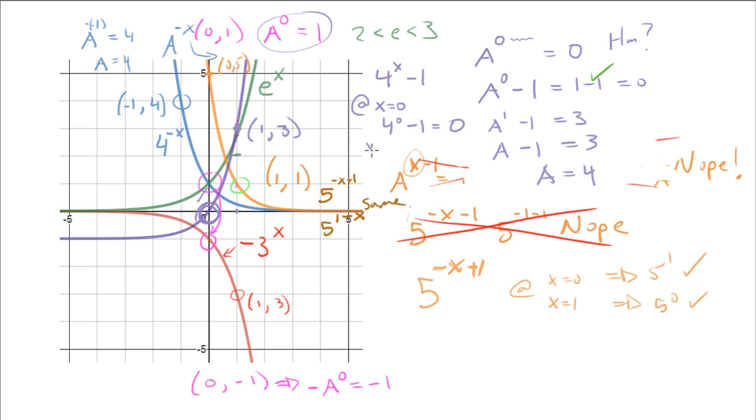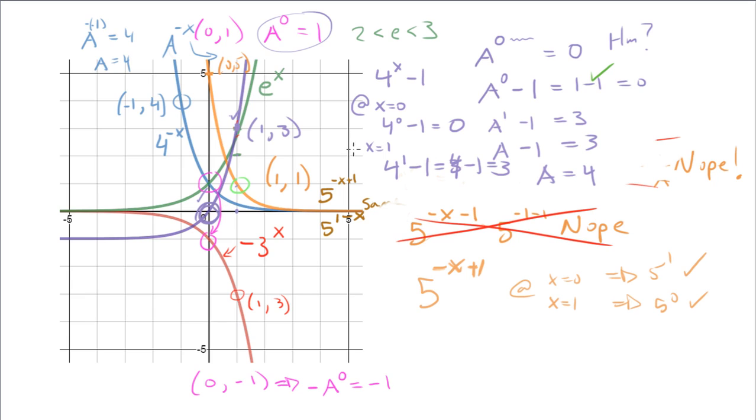At 1, we're going to get 4 to the 1 minus 1, which is 4 minus 1, which is 3. So that checks out. So we get 0, we get 3. I think that's got to be it.